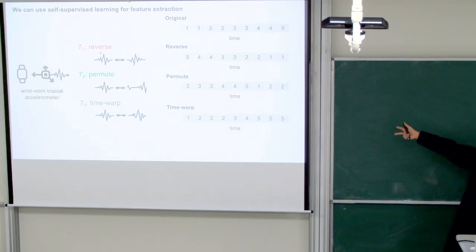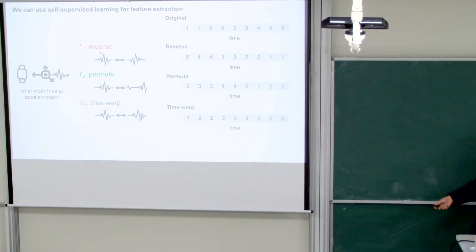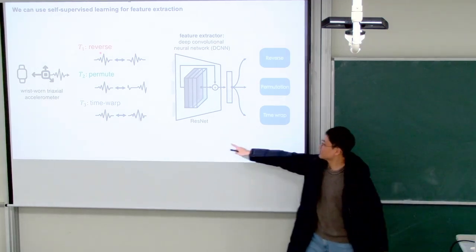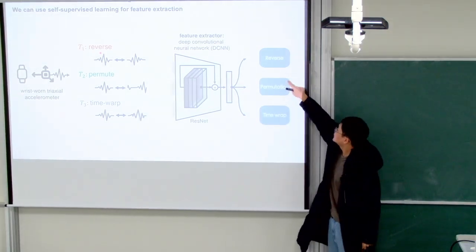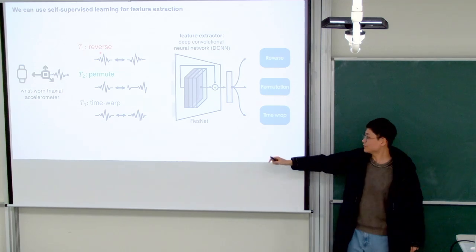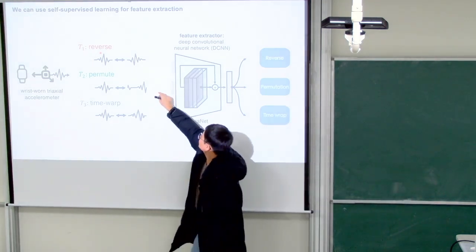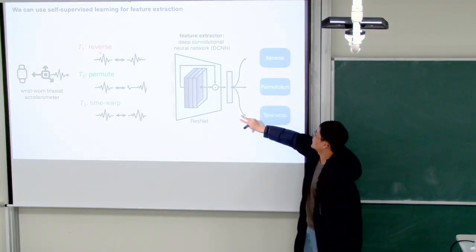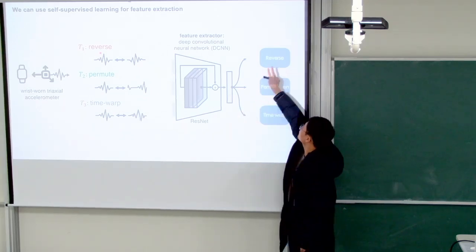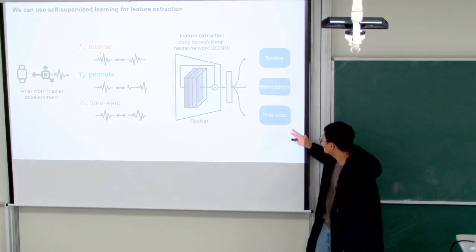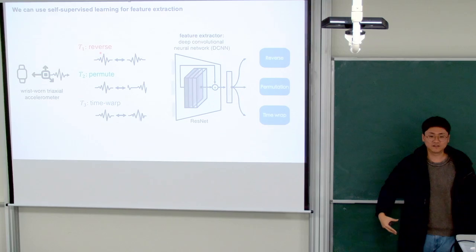So they apply 3 types of transformation here, and then they trained a machine learning model which classifies what this transformed data is. What is the type of this transformation? For example, if one plugs in this time series, the model detects or classifies whether it is reverse transformed data, permutation transformed data, or time warp transformed data.